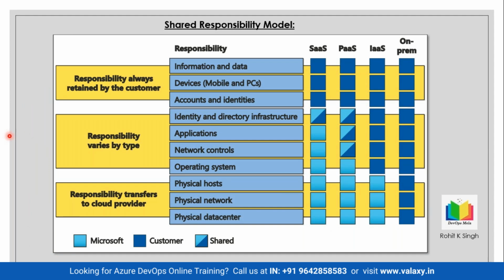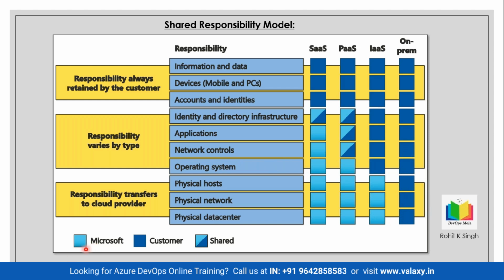When you understand this responsibility model, you understand the difference between SaaS, PaaS, IaaS, and on-prem. At the top we have the responsibilities and all four models: SaaS, PaaS, IaaS, and on-prem. This is how the responsibility is divided. Taking on-prem as an example, the physical data center, physical network, physical host, and operating system are all the responsibility of the customer.